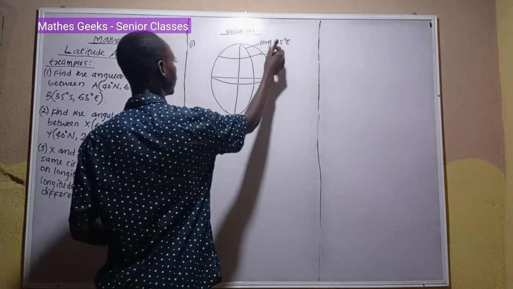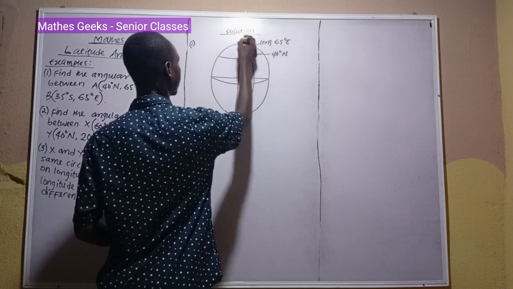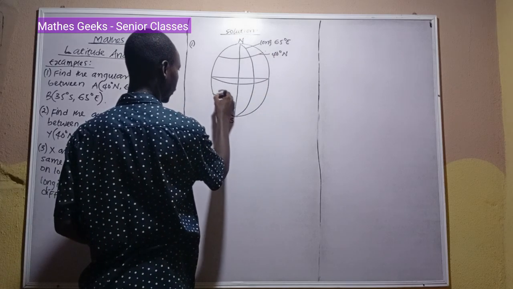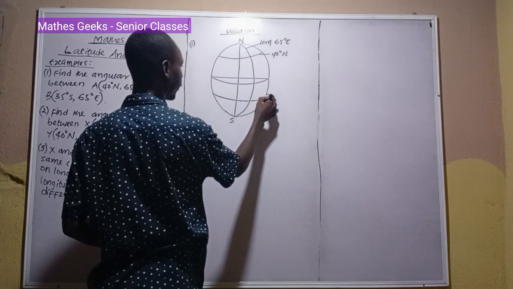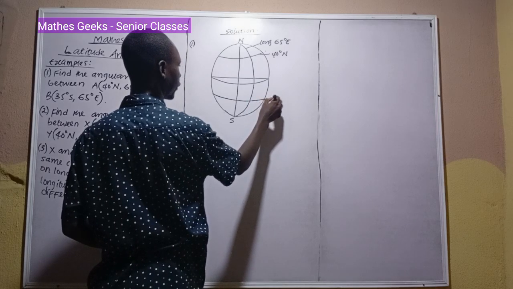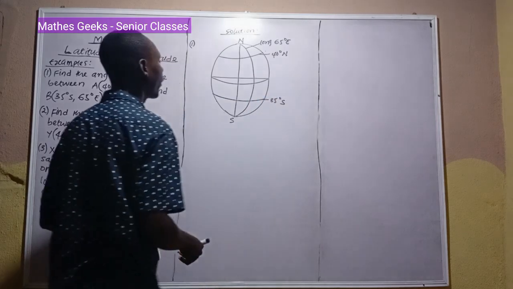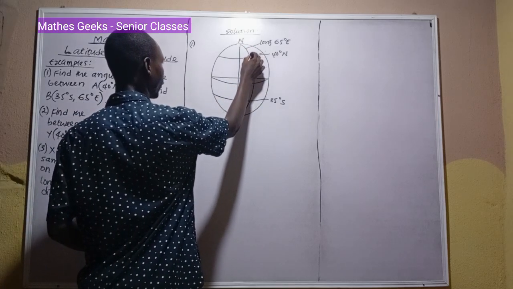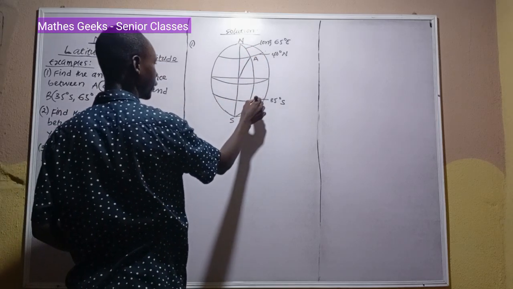Okay, this is not 40 degrees north and 35 degrees south. This is 35 degrees south. So this point of intersection, this is E, bring it to the equator, and then this is E.